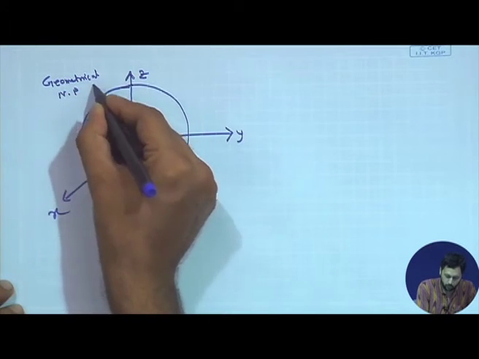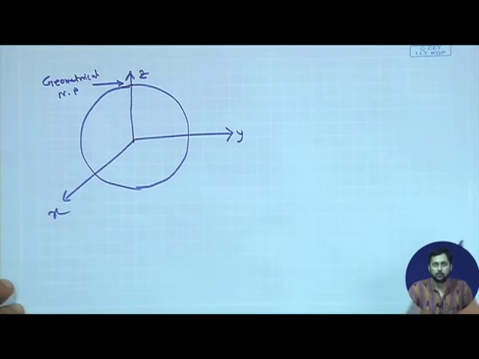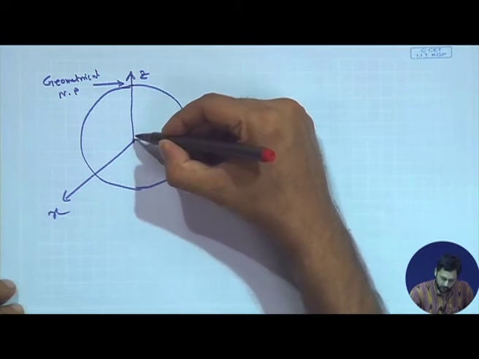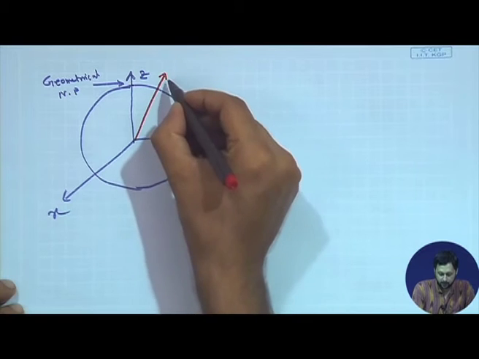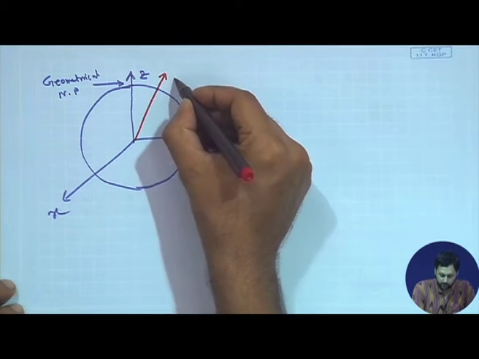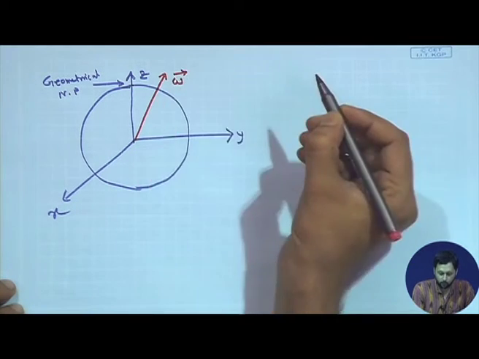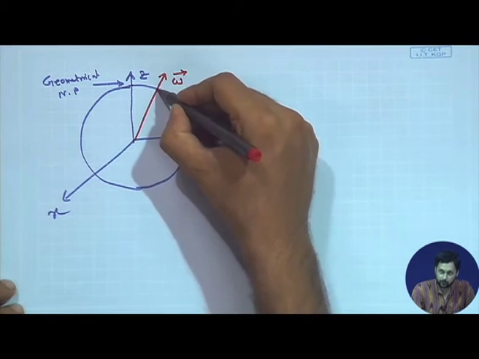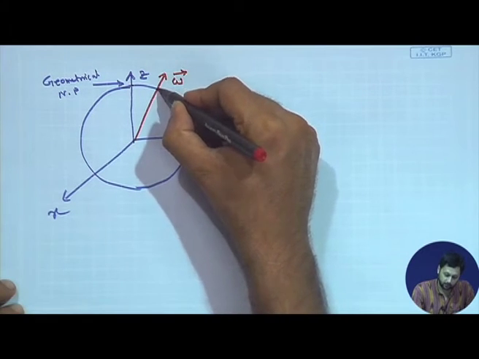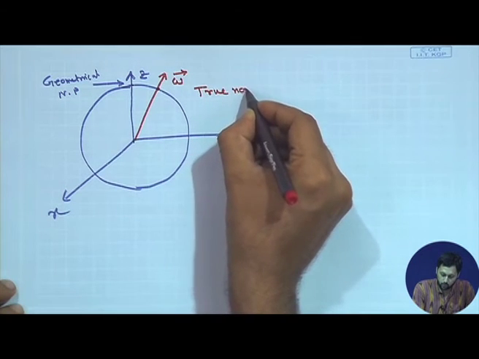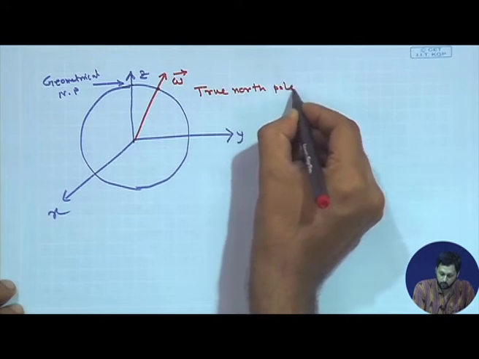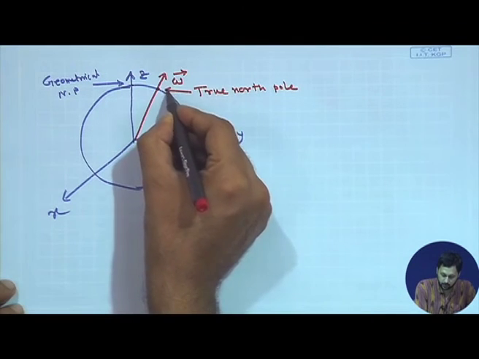north pole that is coming from the shape of the Earth, and this one, where the angular momentum vector, or sorry, not angular momentum, the angular velocity vector omega intercepts the Earth's surface, is the so-called true north pole, right.